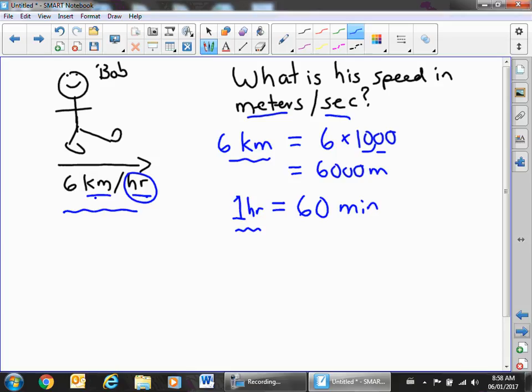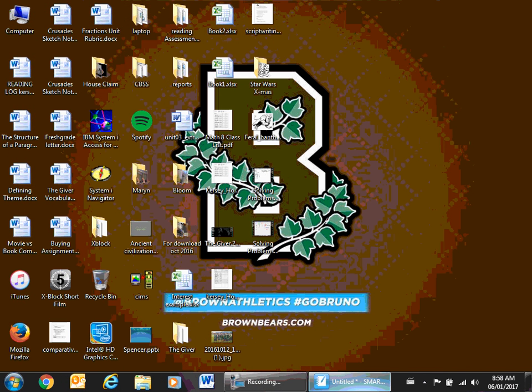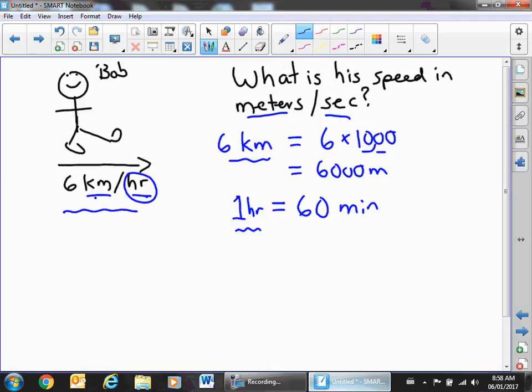So how are we going to find out how much distance he's covering in meters for each minute? We're going to take this total, 6,000, and break it into 60 groups, and then figure out how many meters are in one of those groups.